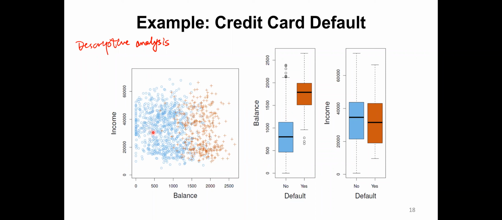Those are the default accounts. In this way, there are some outliers. And as we can see, for the non-default accounts the balance tends to be low, and for the default accounts it is pretty high. But for income, it's not very much separated, right? So now with these two variables, can we predict the binary default outcome?